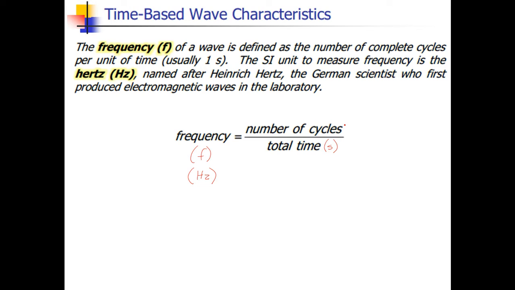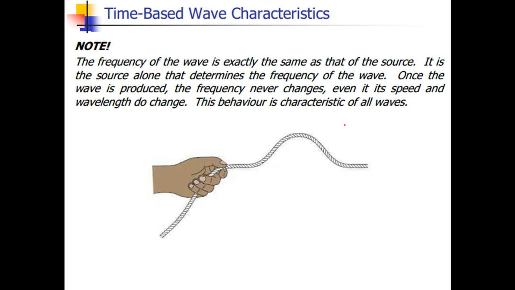It was named after a German scientist who first produced electromagnetic waves in his laboratory, Heinrich Hertz, and so they named the SI unit after him. Keep in mind that the frequency of the wave is exactly the same as that of the source.